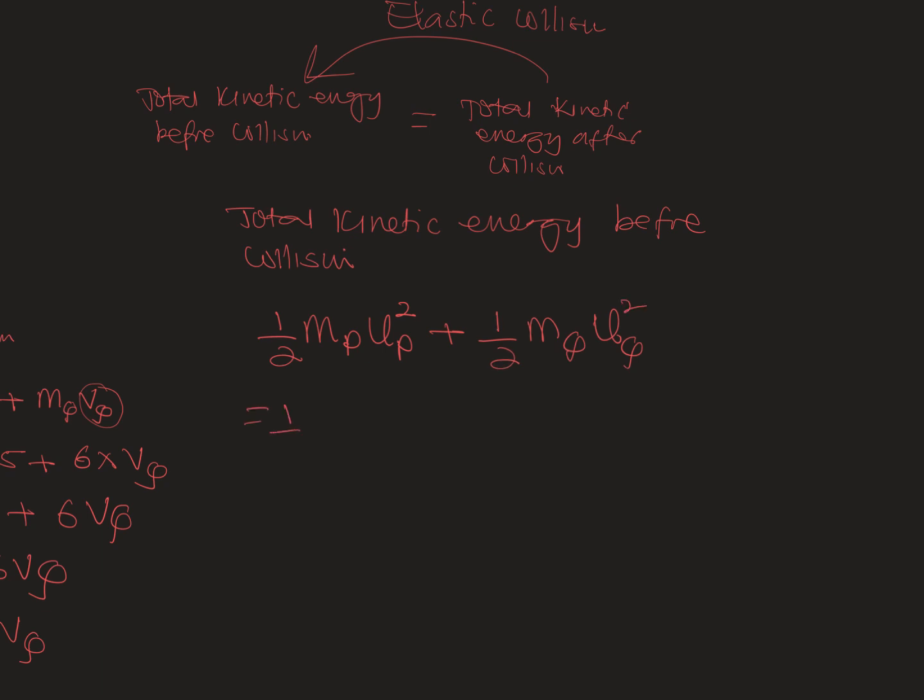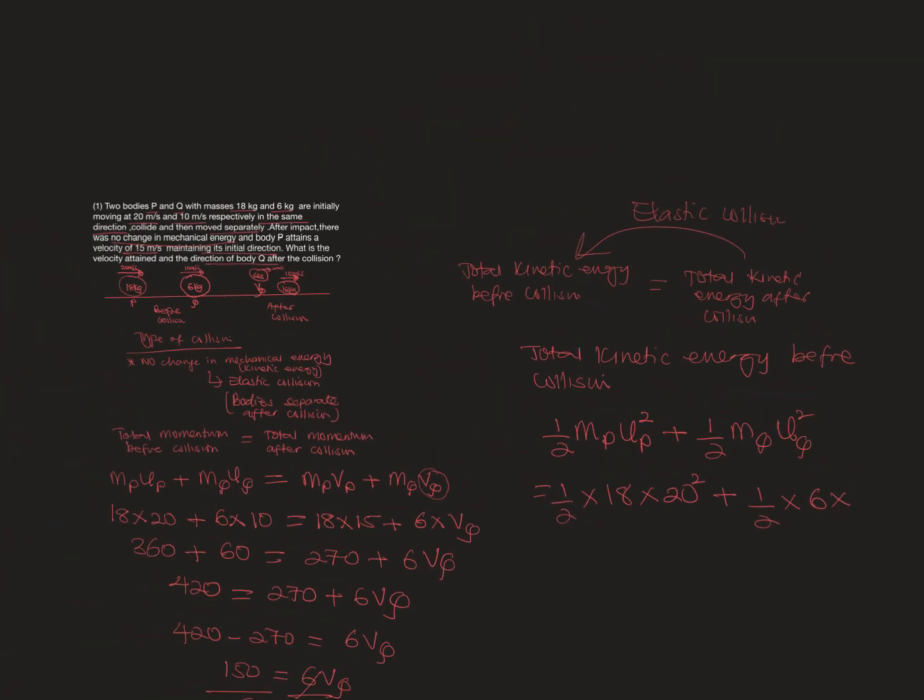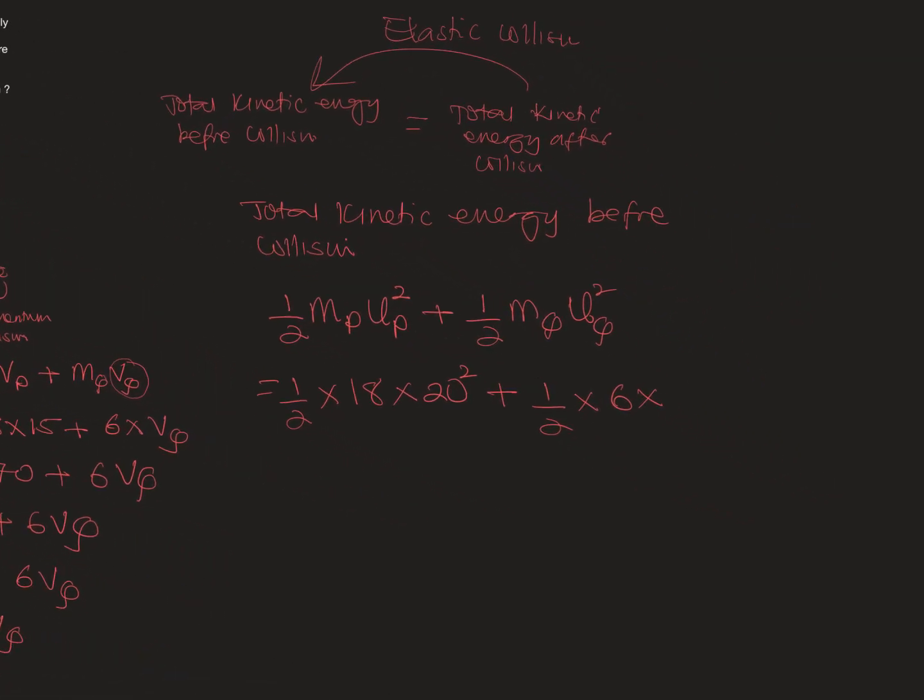This will be half. The mass is 18 for P. The initial velocity for P is 20, so it will be 20 squared, plus half multiplied by the mass of Q, which is 6. The initial velocity is given as 10, so that will be 10 squared.